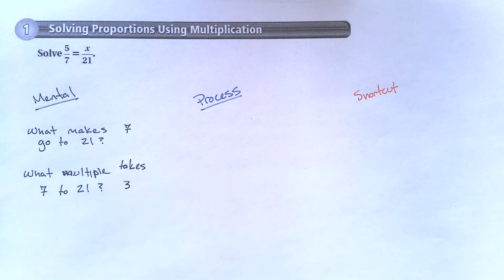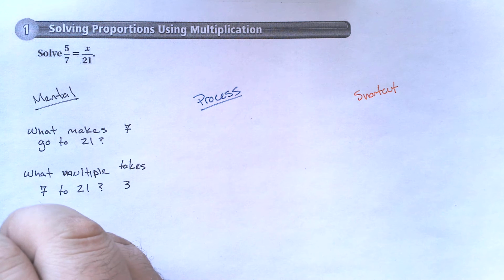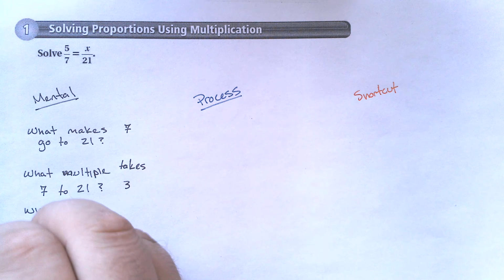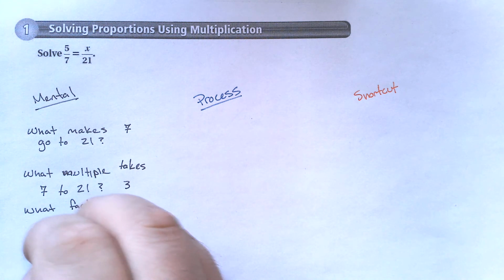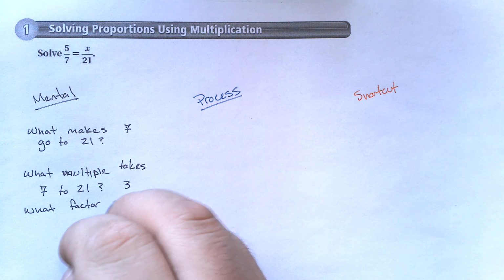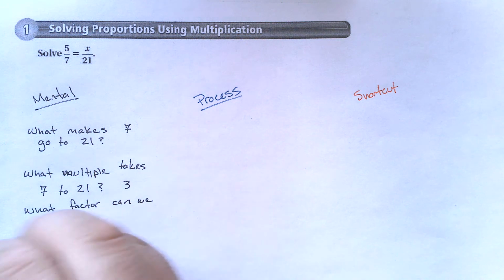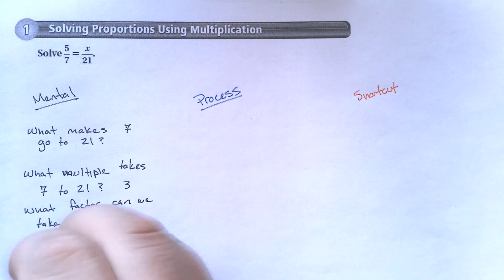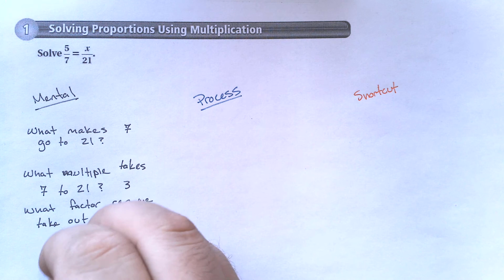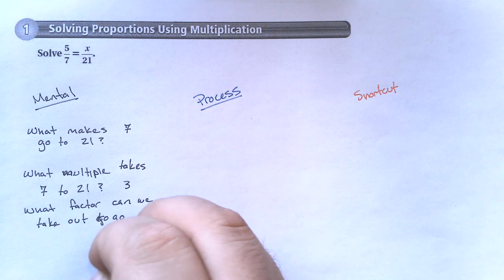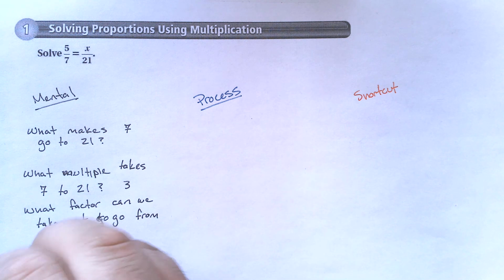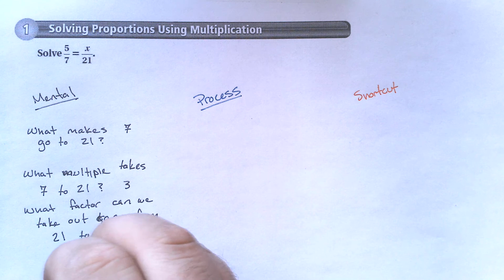We're also asking what factor can we take out to go from 21 to 7.